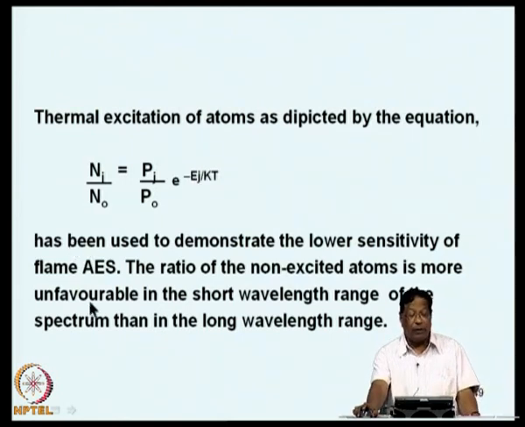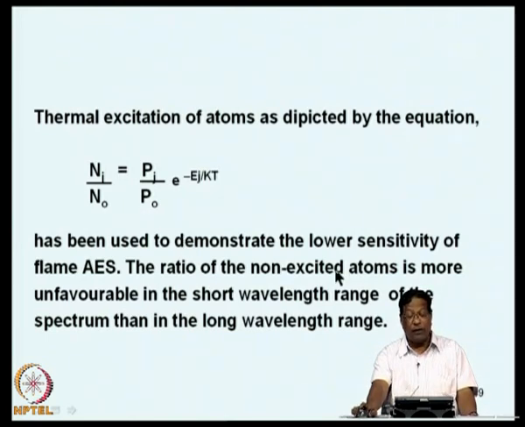This equation has been used to demonstrate the lower sensitivity of the flame AAS. We had said that many elements cannot be determined by atomic emission, because the concentrations of the atoms at higher energy levels at these prevailing temperatures are not enough to excite all the atoms and get significant atomic emission data.